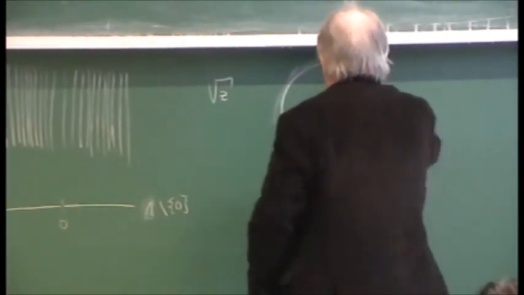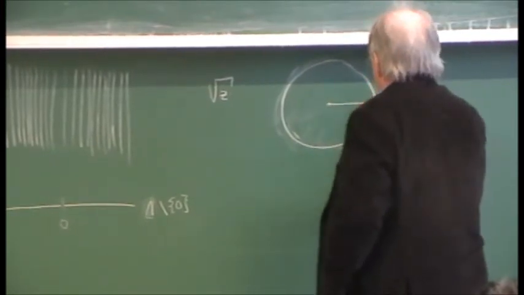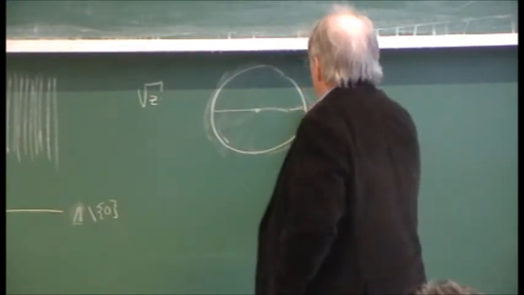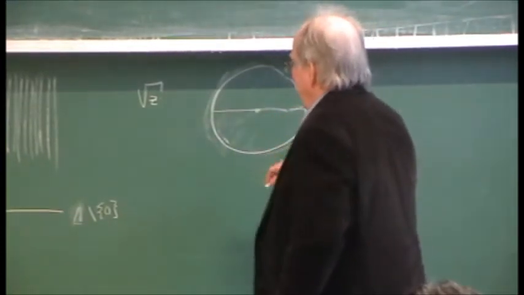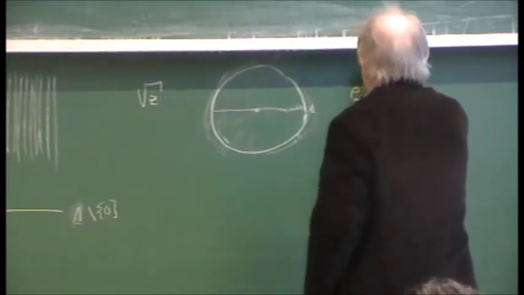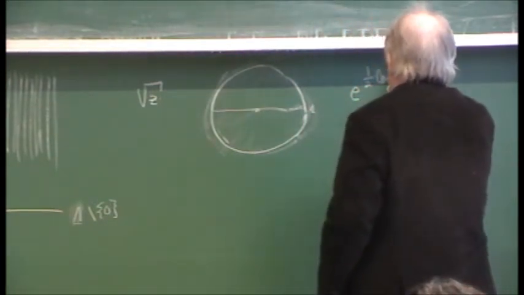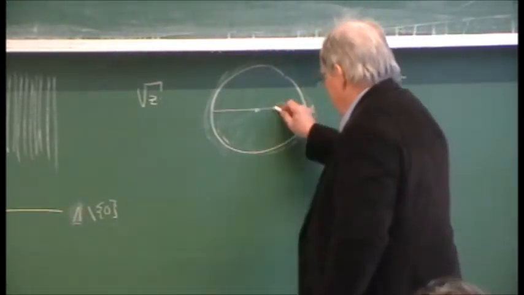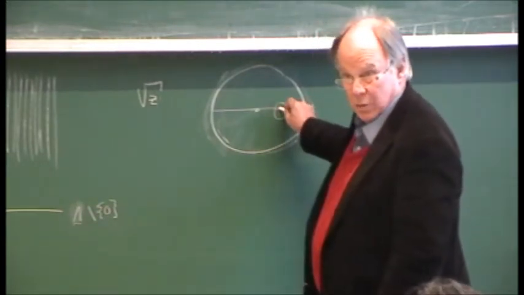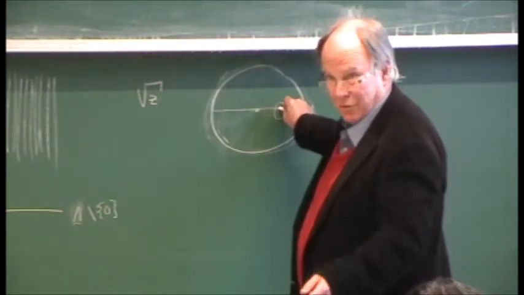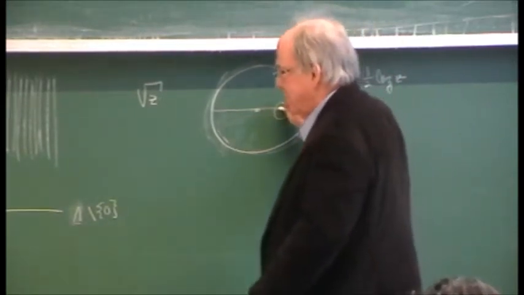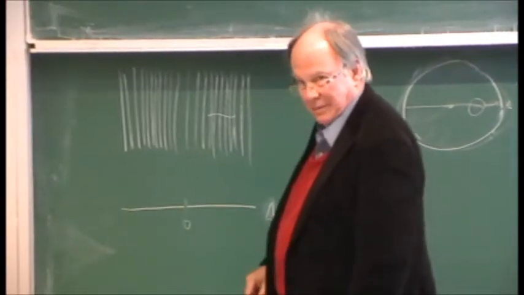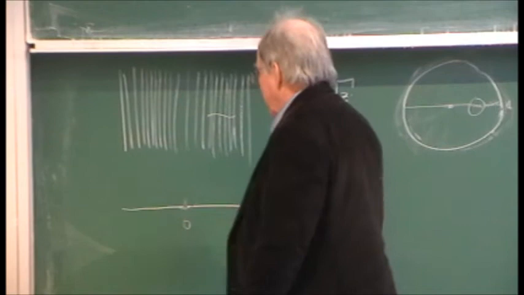In a modern version of this subject, you say, okay, there's some problem here, and this is e to the 1/2 log z, and you write down the power series of log z, and you do all sorts of fiddling around, and you get some representative of it here, with some choice, plus or minus. So you start here, and you have some section. Well, this is the punctured disk.